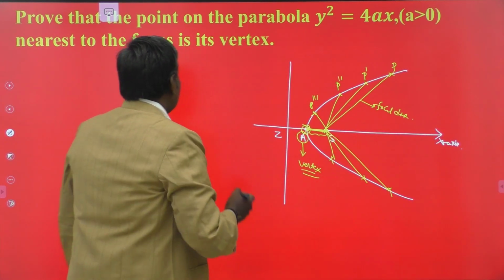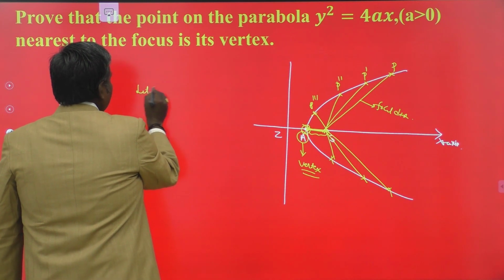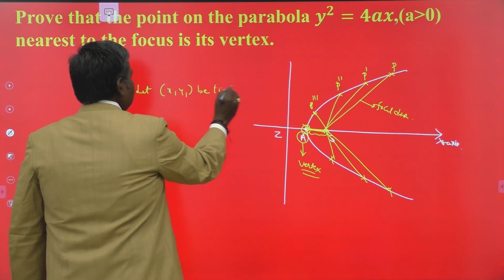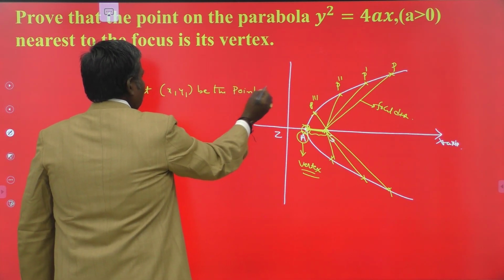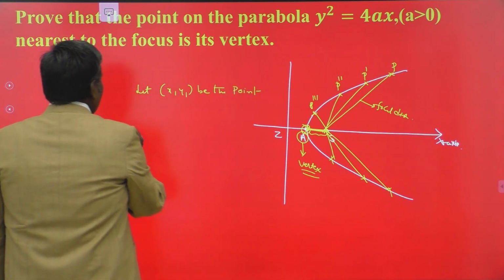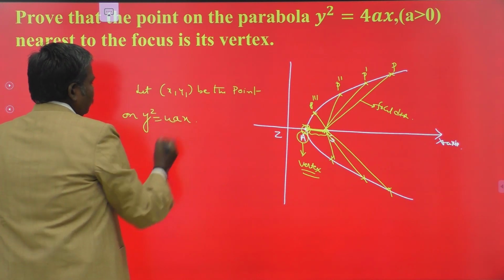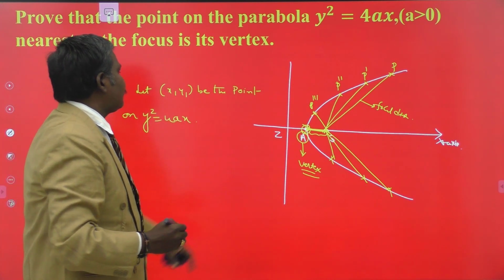Let x1 comma y1 be the point on y square is equal to 4ax which is nearest to the focus.